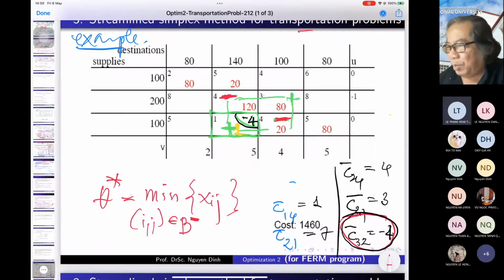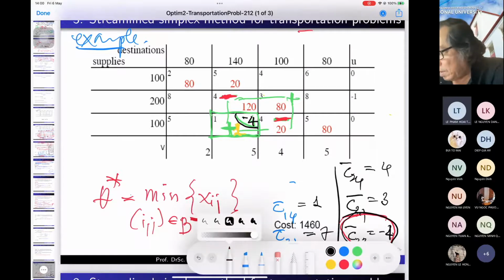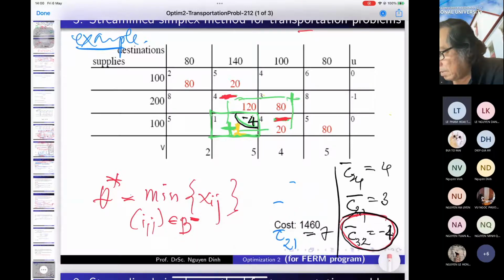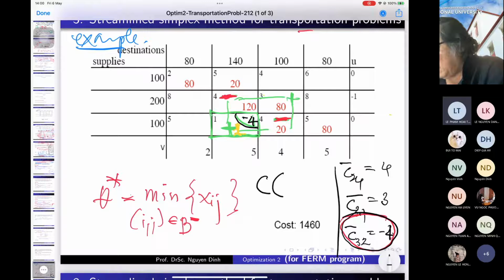So with this cycle, when we take this as a cycle, you call it the cycle of GX and ij, and ij here is 32.